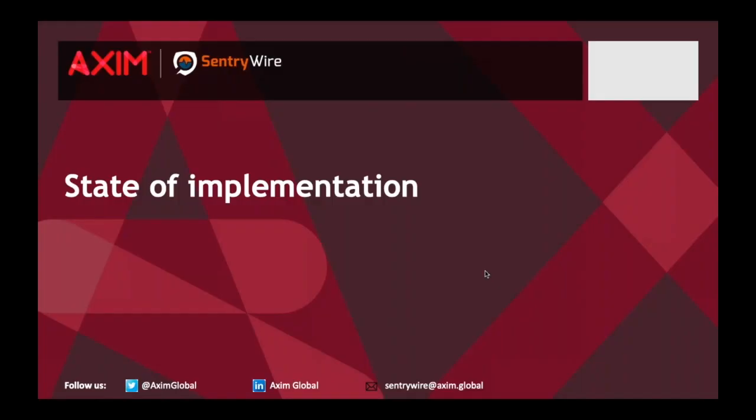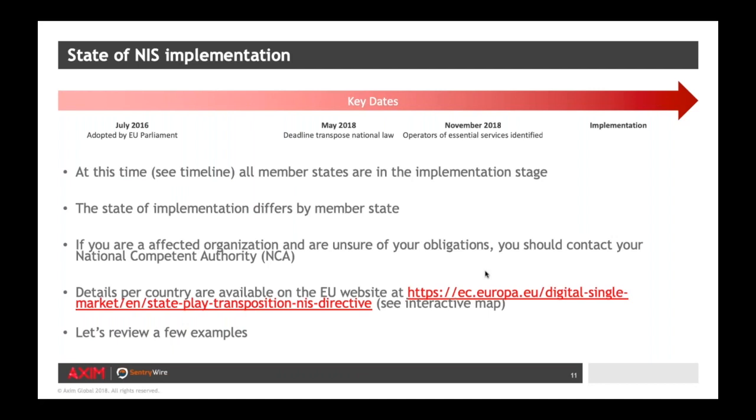So where are we then in the implementation? The NIS directive was passed in 2016 by the EU Parliament, and then has been handed over to the national entities to transpose it into national law, for which the deadline was May this year.